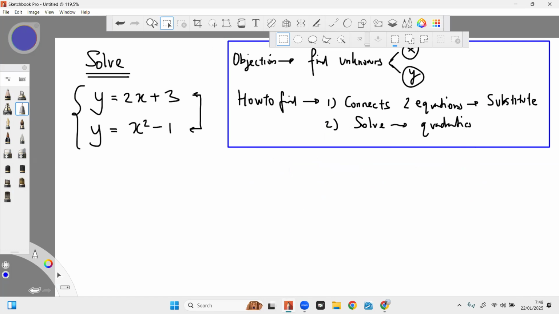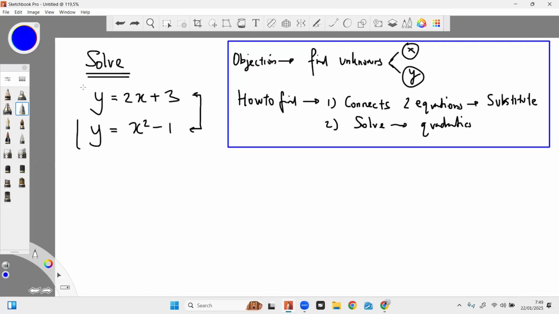So to solve these simultaneous equations, you are using more than one equation. First linear, second nonlinear, mostly about quadratics. The objective is to find x and y. And how do you find it? First things first, you need to know that these two equations are connected. They are a system. System means connected.